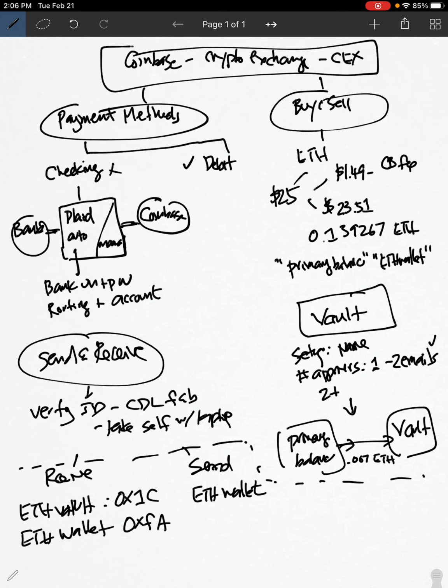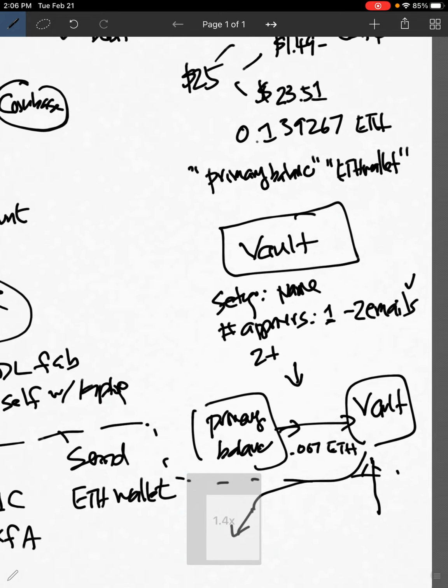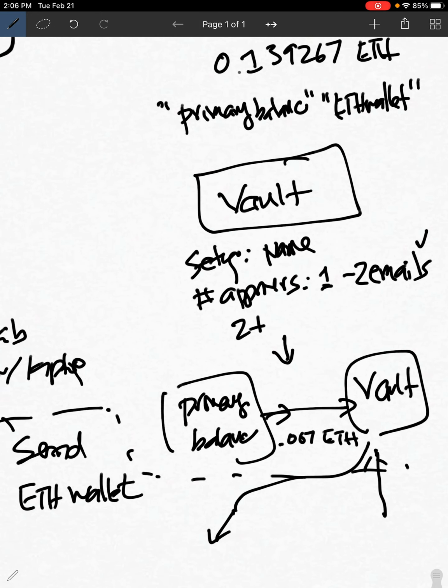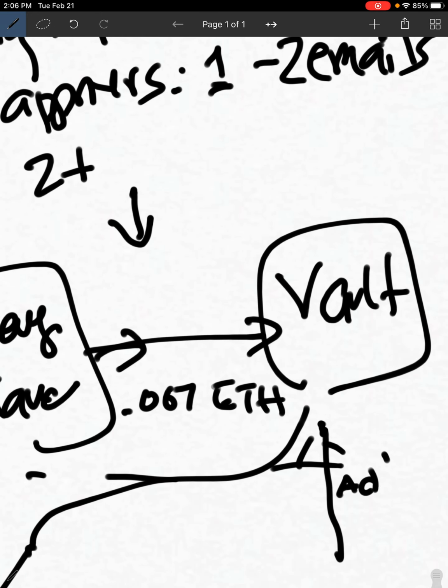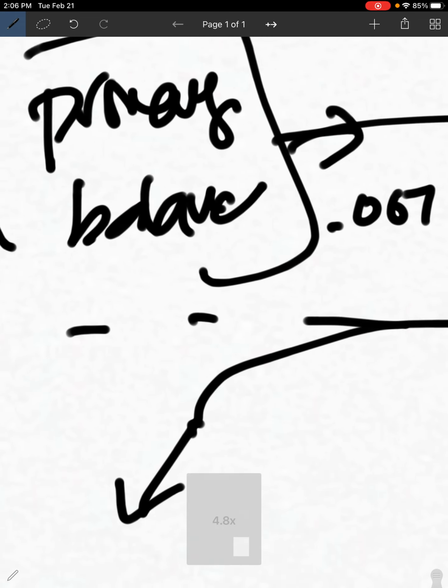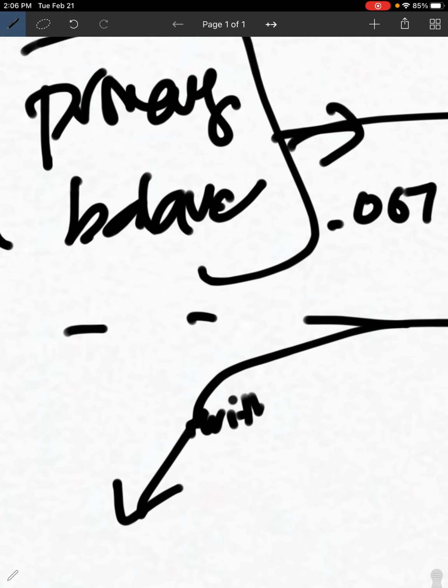Now, on the vault side, to put money out of it or to put money into it, this is called add to vault. And then this is called withdraw from vault.